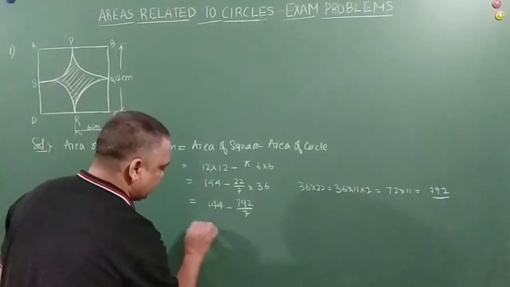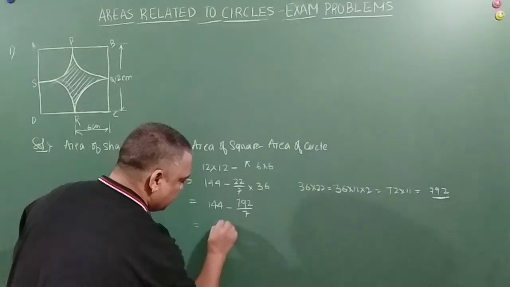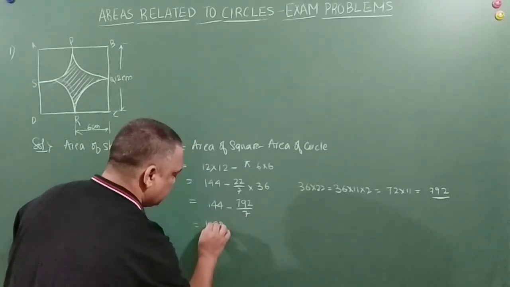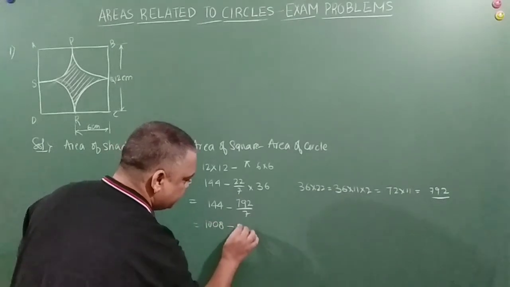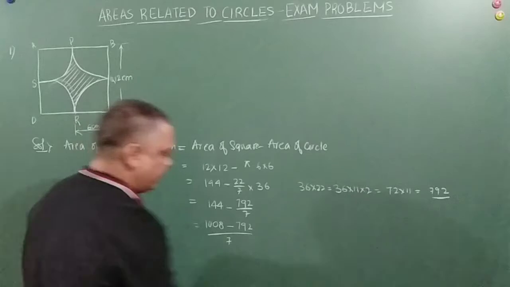Now you can basically solve it, friends. 144 into 7, 1008 minus 792 by 7, right?